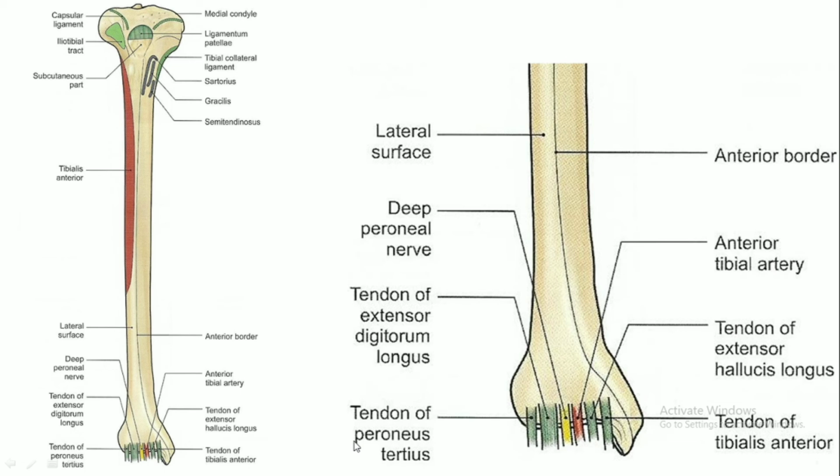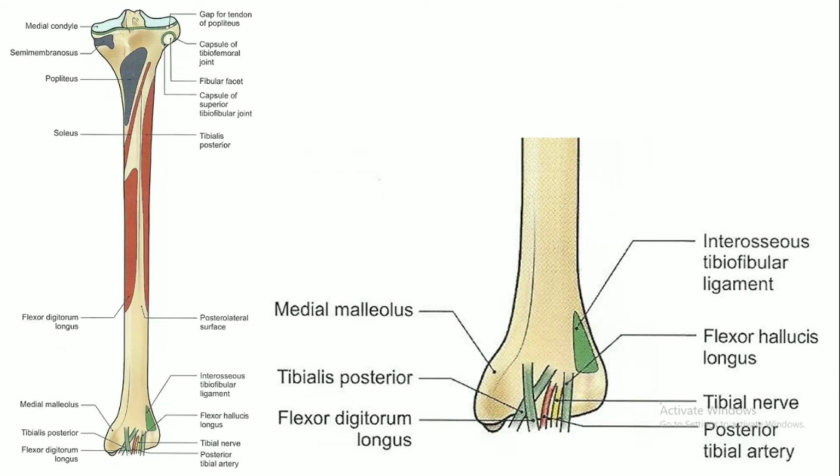Now we will see the posterior aspect of the lower end. So here this is the posterior aspect of the lower end. What are the relations? This is the medial malleolus, so it lies medially. So from medial to lateral there is one muscle, tibialis posterior.